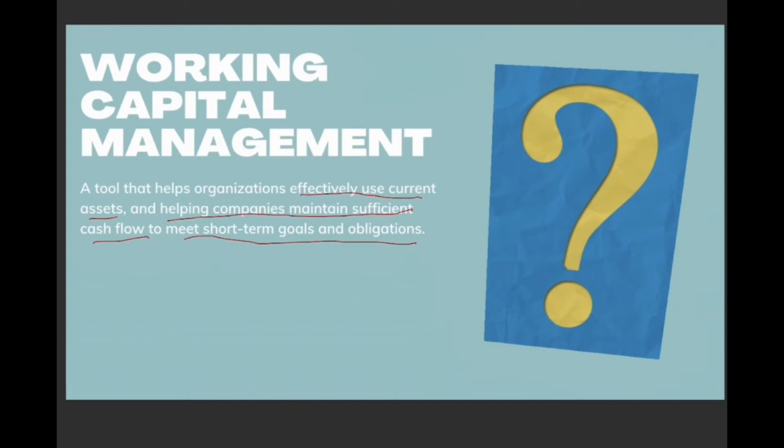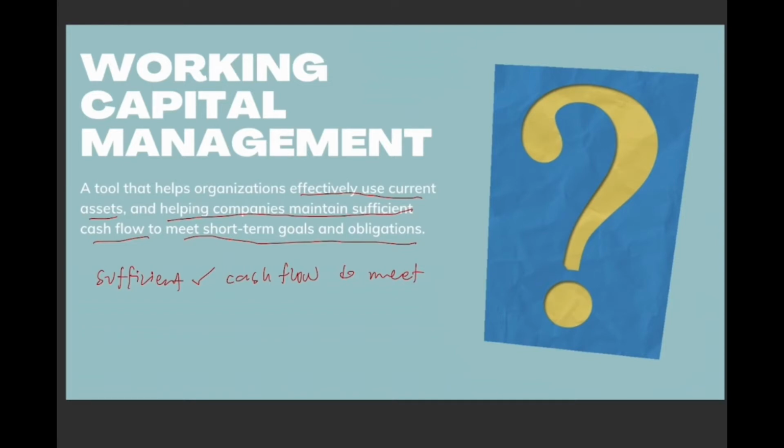So, a company's working capital is made up of its current assets minus its current liabilities. The key here is making sure that we have sufficient cash to meet our short term obligations, such as the operating cost and the short term debt obligation.